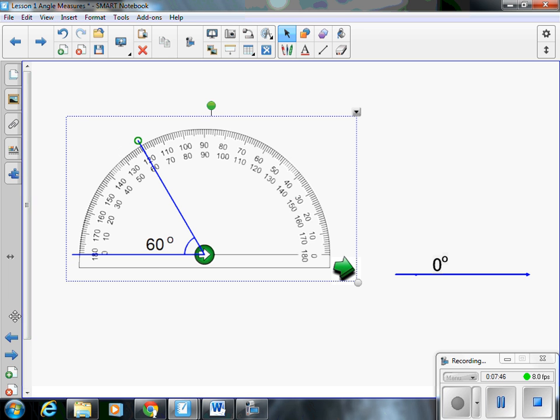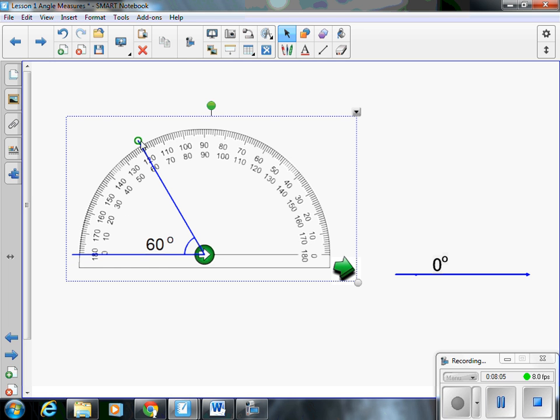And how do I know that that's 60 and not 120? Because if I look at it, it's less than 90 degrees. So it can't be the 120 out here. It has to be the 60. So that can work if you have an angle that you need to measure.